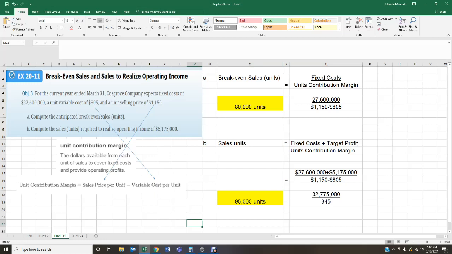So if we want to generate 5,175,000, we would need to sell 95,000 units. That's very straightforward. It's just knowing the formula that you have to apply and then plugging in the figures. That will give you the break-even sales units, or the sales units required to realize the operating income stated in the problem.